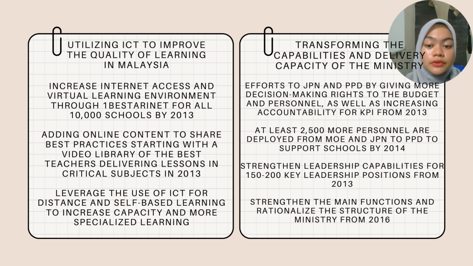And the last one is leveraging the use of ICT for distance and self-paced learning to increase capacity and more specialized learning. Number eight, the shift talks about transforming the capability and delivery capacity of the ministry.